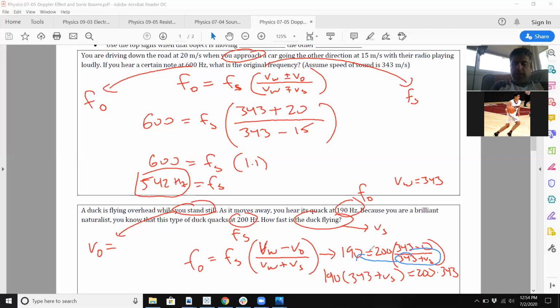If you work everything out correctly, I trust you guys can do the algebra. VS equals 18.1 meters per second. And again, you just go through all the algebra, distribute here, distribute there, work it all out. So any questions about these two examples?